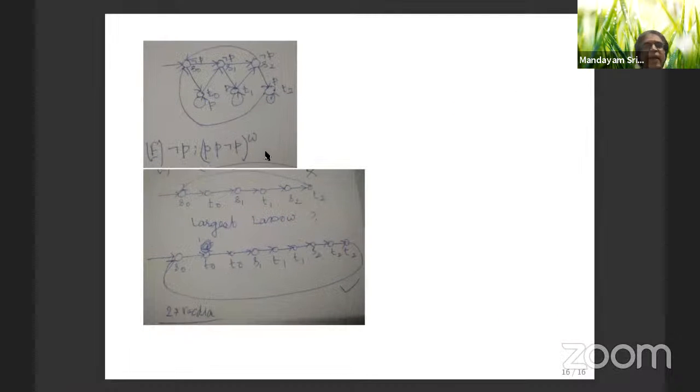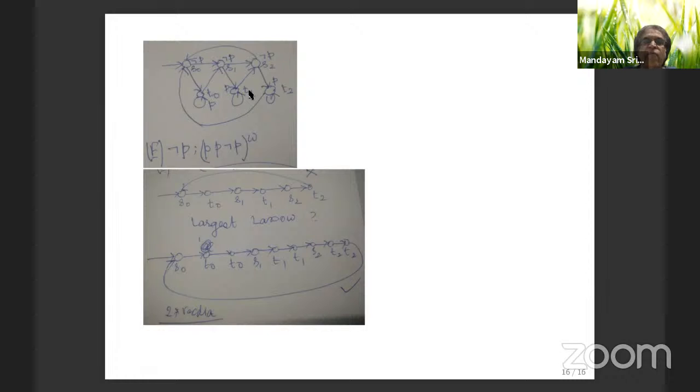So consider this example. Here also, I'm looking for a path that satisfies this pattern. It's the same thing as what I had there: not P followed by PP of not P omega. But my transition system is a little bit more complicated.